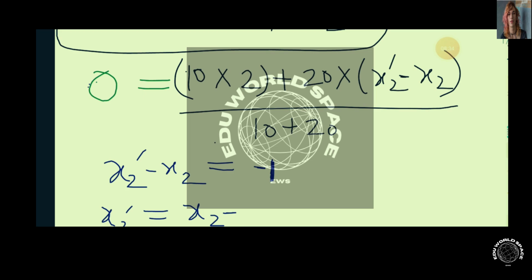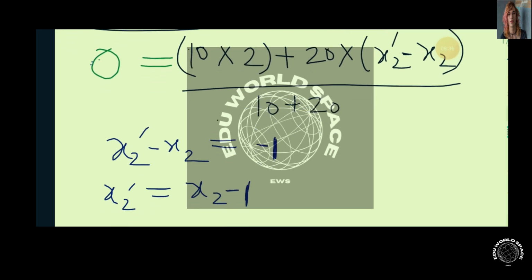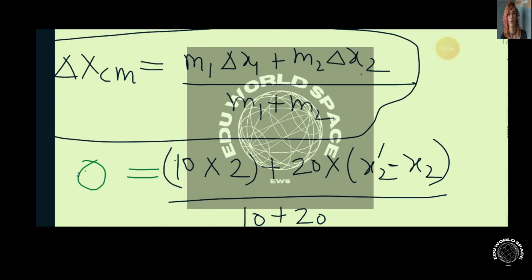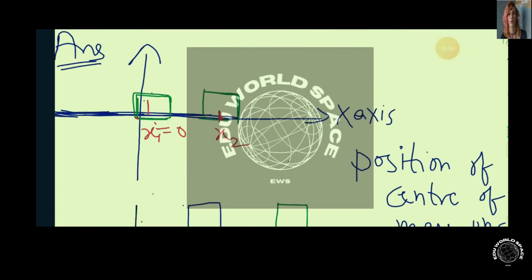Now after getting this result, I can say that the result is saying we have to change the position of the second block by moving a distance of 1 centimeter towards the left from its initial position. In the first case the initial position of the second block is x2, so we have to move towards the left by 1 centimeter with respect to this initial position.